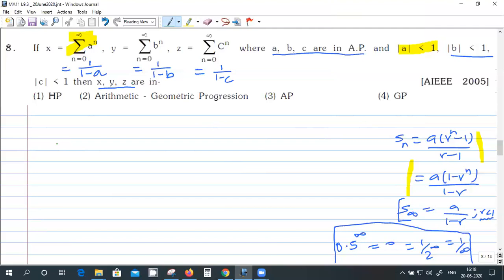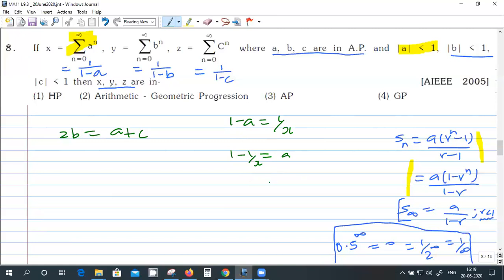You can write 2b equal to a plus c, right? And from here, you can get a in terms of x. 1 minus a equal to 1 by x, so you'll get a as 1 minus 1 by x.